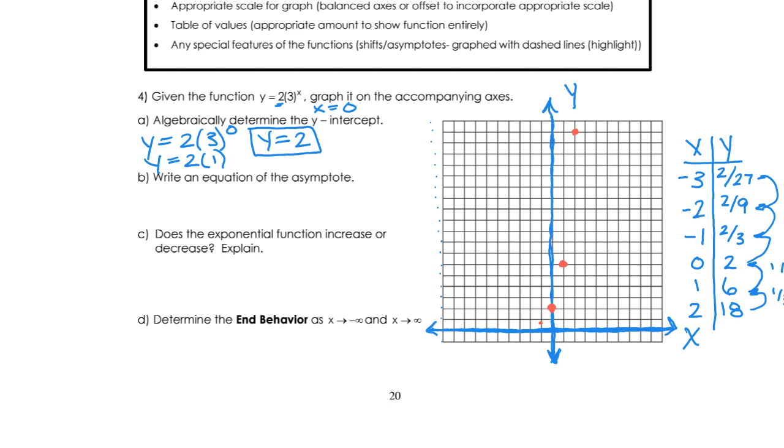We had -2 2/9. And remember, guys, you're getting closer and closer to the x-axis, but you're not going to go ahead and touch that x-axis. Remember the sandwich story. I ate half my sandwich.